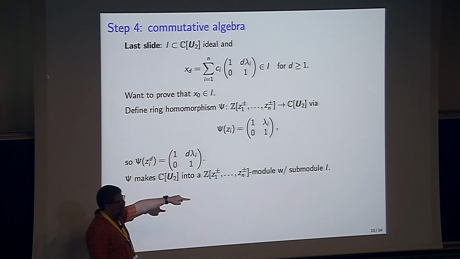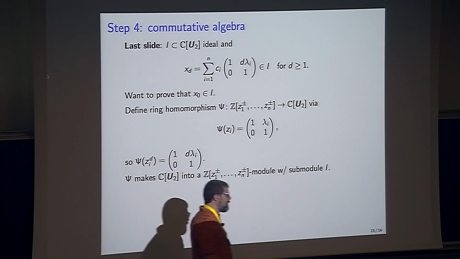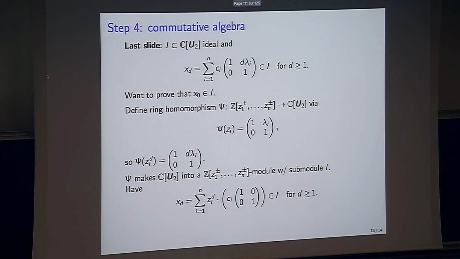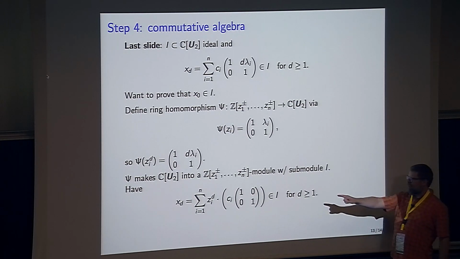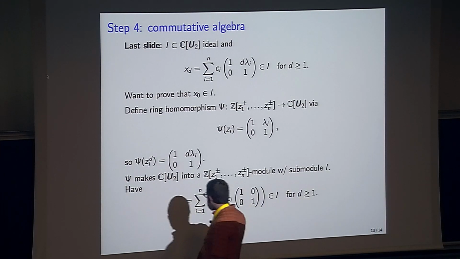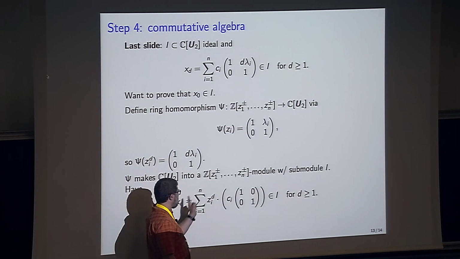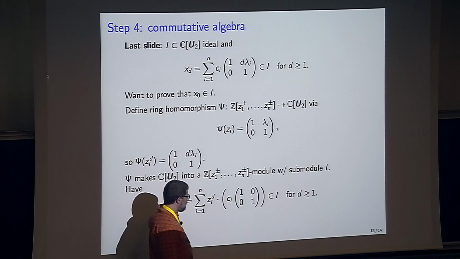And it has a submodule I. As I said, I'm going to reduce the hypotheses more and more each time. And so I have this special element x_d, which lies inside I for all d.